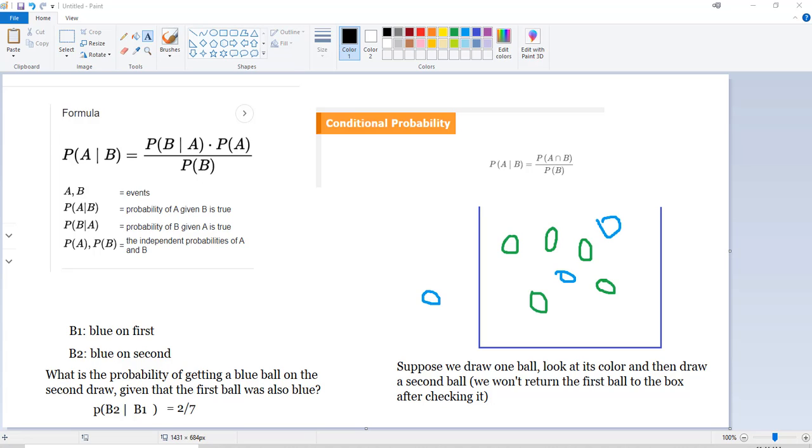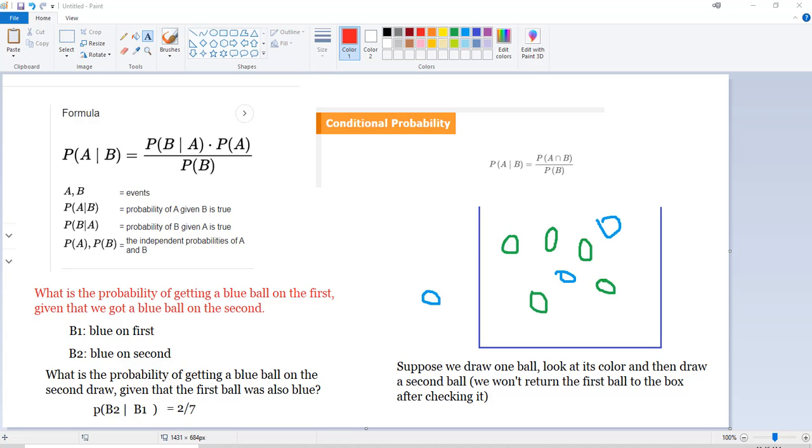But suppose that someone had asked the opposite question, and by that I mean this question: what is the probability of getting a blue ball on the first, given that we got a blue ball on the second? Just reading that question and trying to think about it makes my mind spin. I can't even think about it. It's so confusing. If we want to write it, how would we write it?